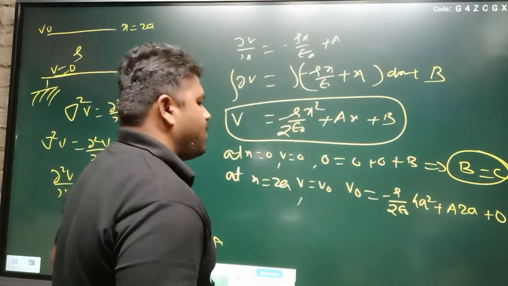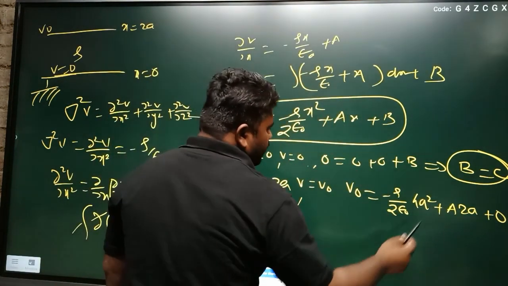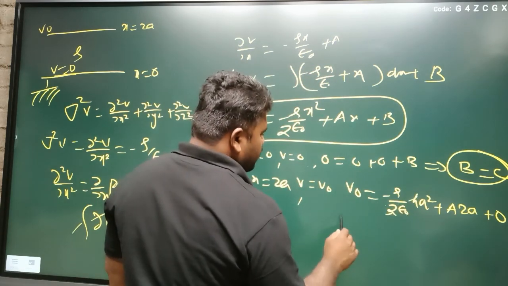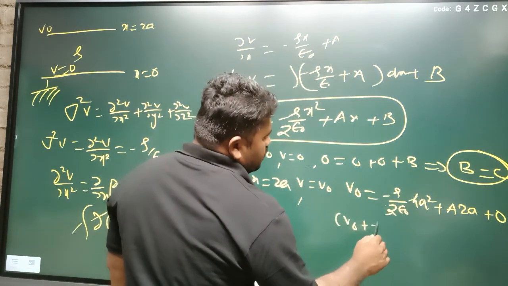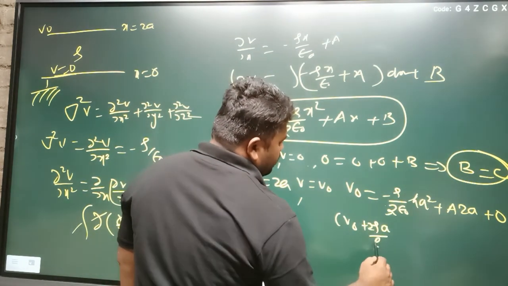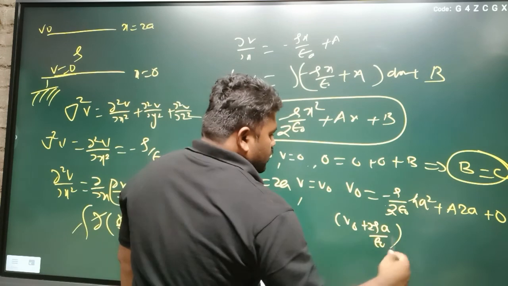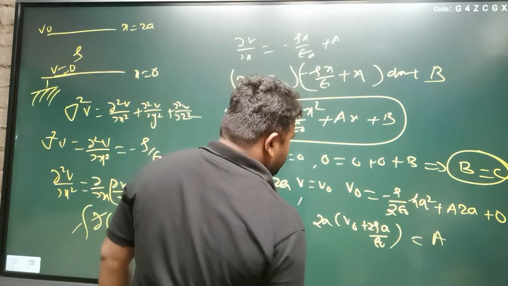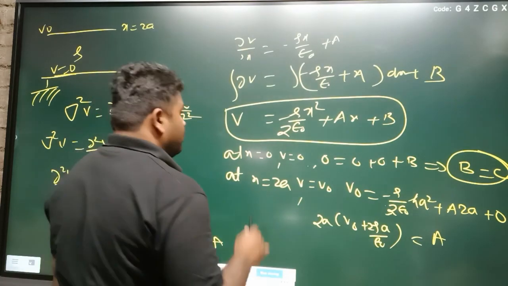Yes or no? Our aim is finding the a value. Minus going to this side becomes plus, and this becomes 2a. This is V naught plus 2 rho a upon epsilon naught into 2a. This is the value of a.